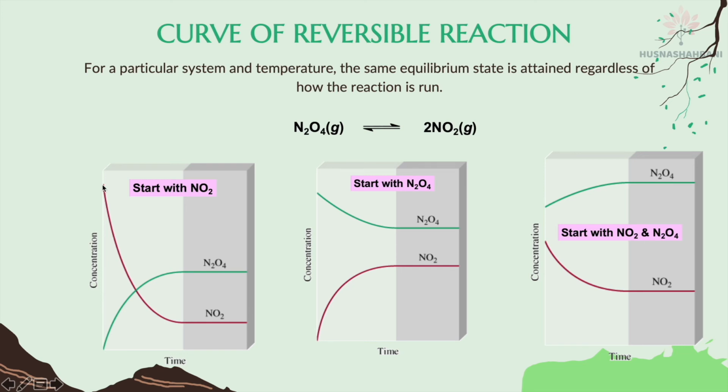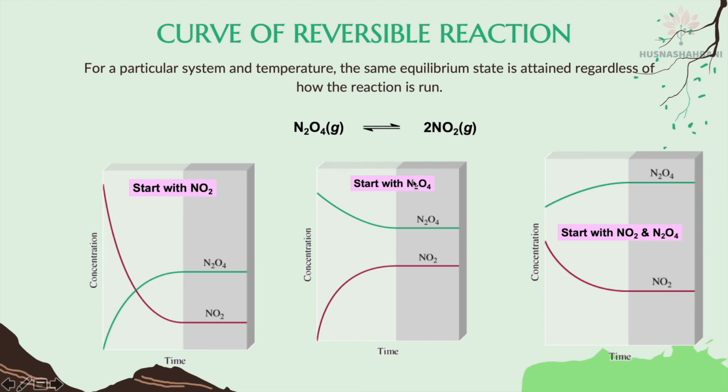The product has a concentration value, and the reactant has no concentration because you start with the product. When you start with the product, as the reaction takes place, the concentration of the product decreases and the concentration of the reactant increases because the product converts to become the reactant.